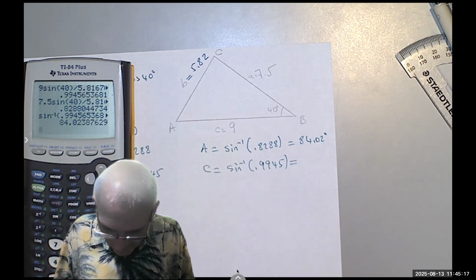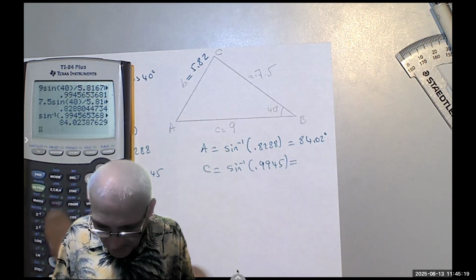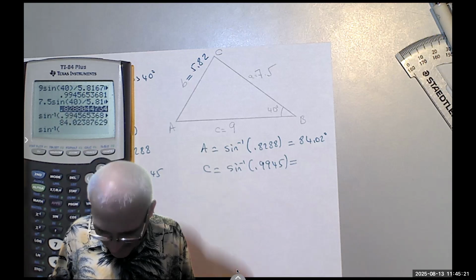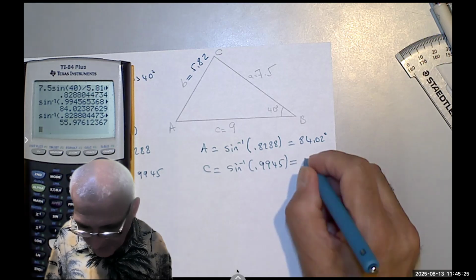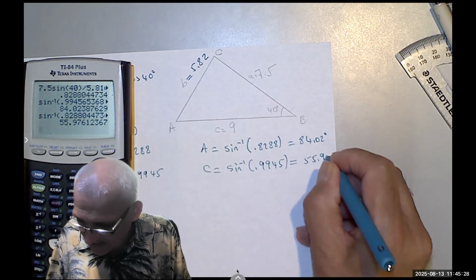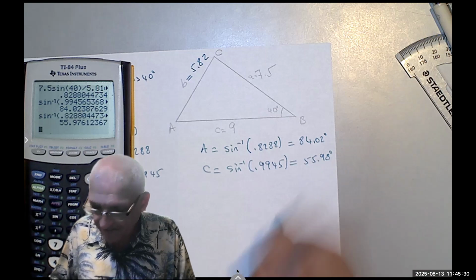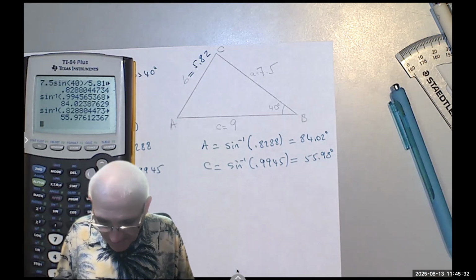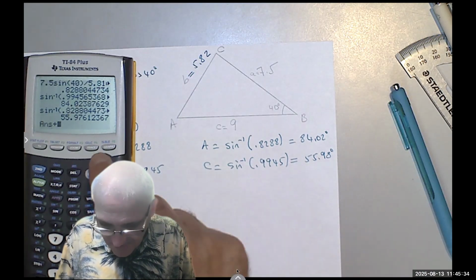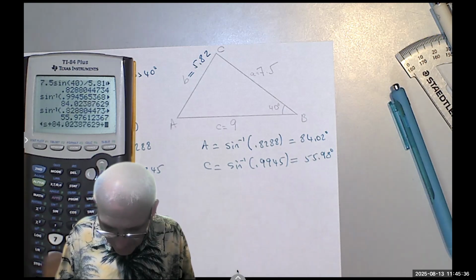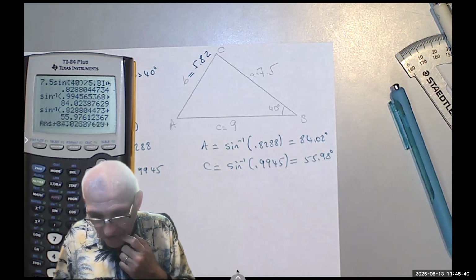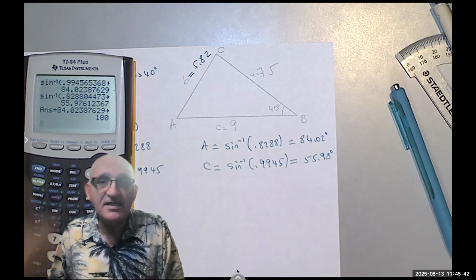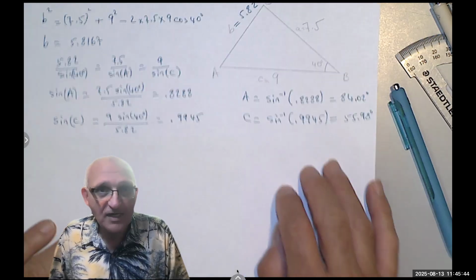And if I take arc sine of that number, I get 55.97 or 98 degrees. As a quick check, I'm going to say this angle plus that angle plus 40 degrees, because the third is 40, and check it to see if it's 180 or not. Sure enough, it's 180, so I did it correctly.